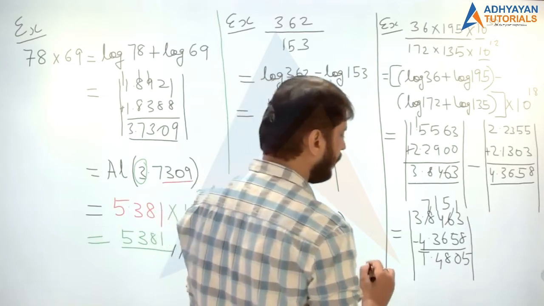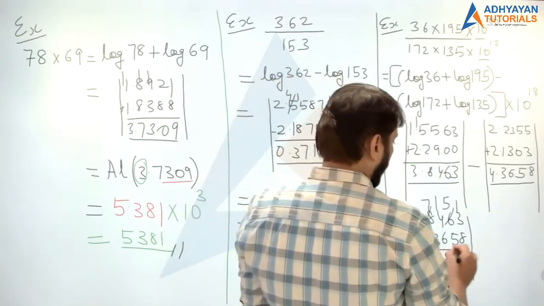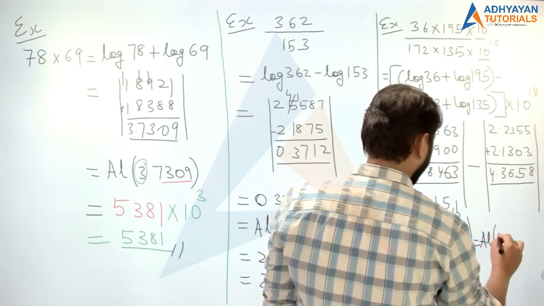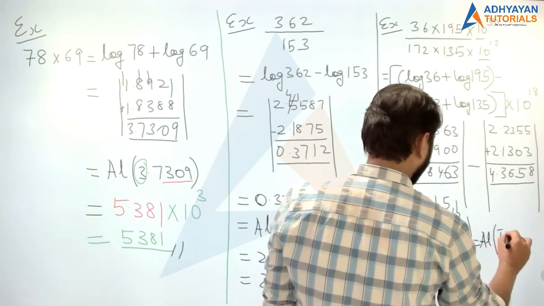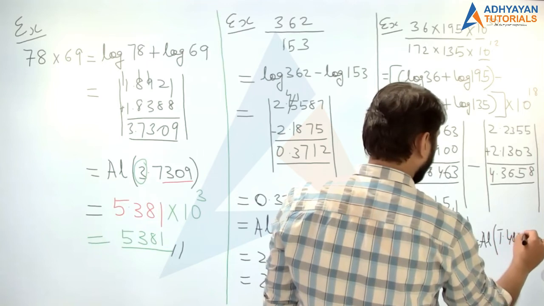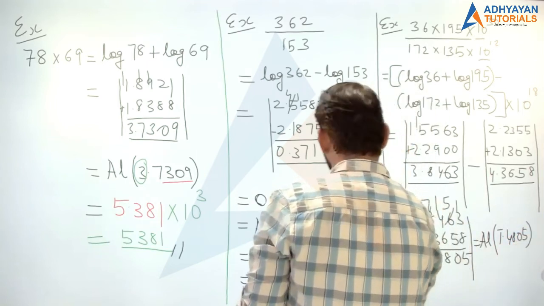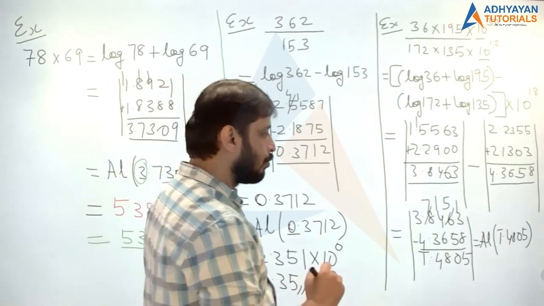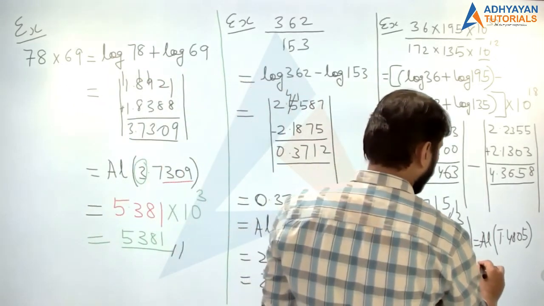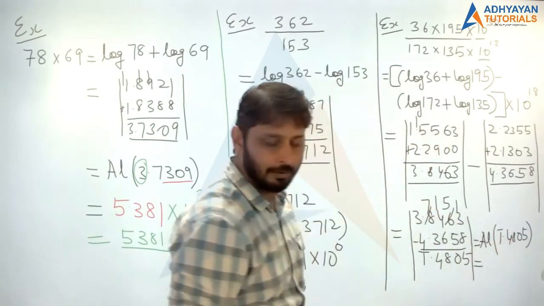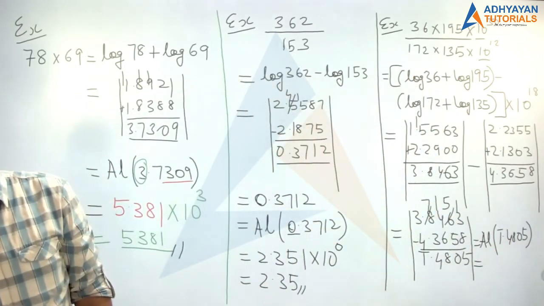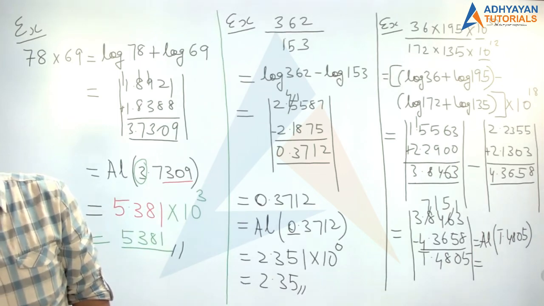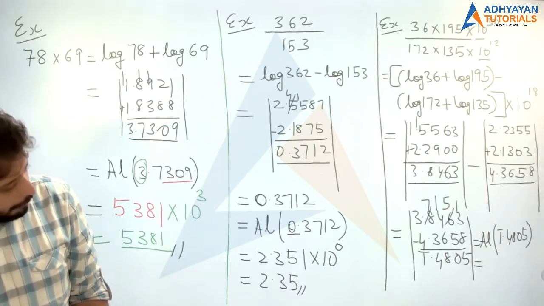Okay. Now, what I get is anti-log of bar 1.4805. So again, I go by the same logic. When this is 0.4805, I'll go to the anti-log table. 0.4805.